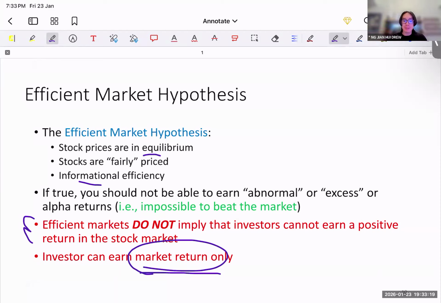Returns that are higher than the market, because all the information available has already been included in the stock price. So what I am trying to say here is that in this efficient market hypothesis, it does not mean you cannot earn a return or positive return in this sense. You can, it's just that the return amount equals the market return. Right? Hope I answered that question.